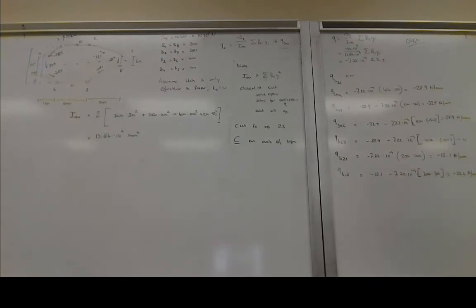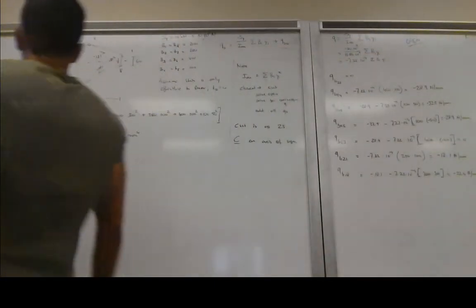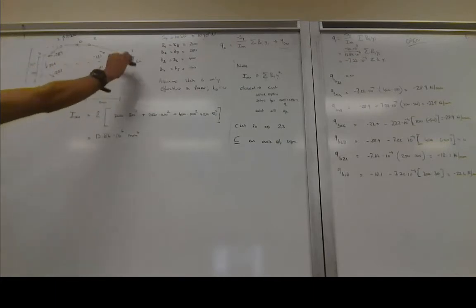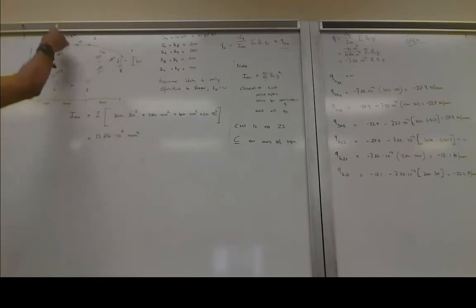So the next step is calculating our correction shear flow, and we did that by the moment equivalence equation. Yes. Professor, is there a way to just look at the problem and then intuitively have a rough idea where the maximum shear flow should be, or do we have to calculate it for all the sections? No, by definition, it will lie somewhere. In this case, it's symmetric, and we have a vertical shear force.